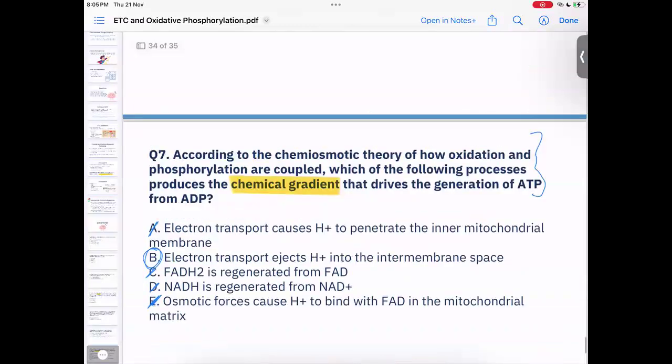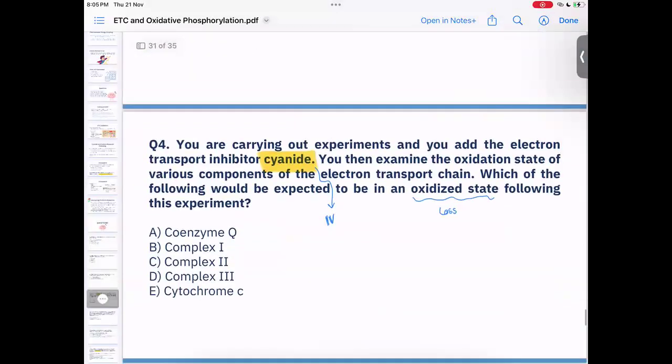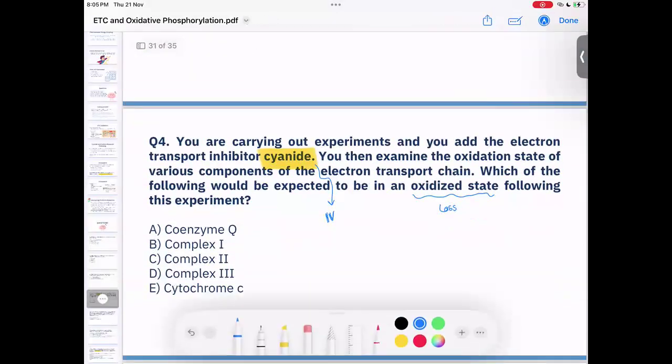Now I go back to the question above, the one that I just skipped over. It was question 4 بالضبط. Now for question 4, we want to think of the complexes. طيب, so let's go back to it. We said that we're carrying out experiments, and then I add an electron transport inhibitor, which is cyanide.